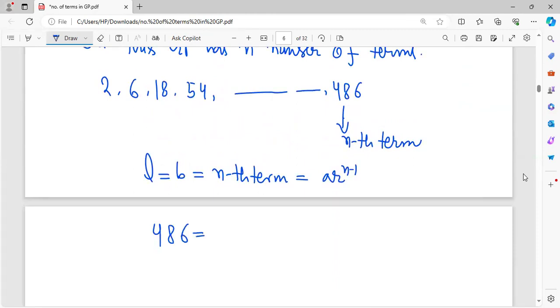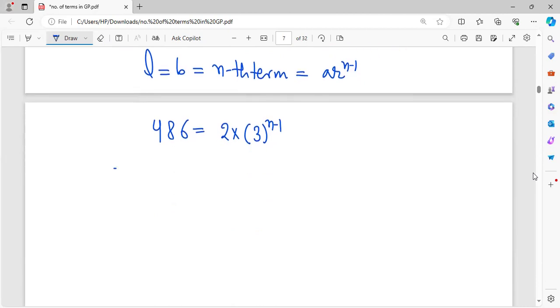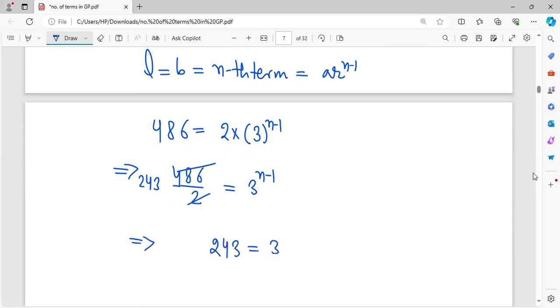You put the value of A. A is 2. What is R? R is 3, to the power n minus 1. So bring 2 to this side. You cut, it will be 486 by 2, that is 243. 3 to the power n minus 1.